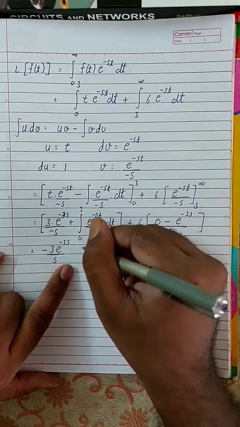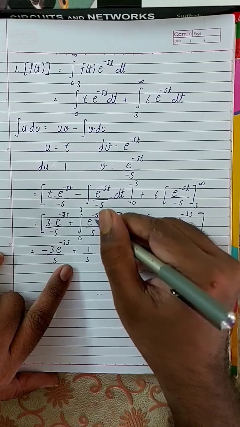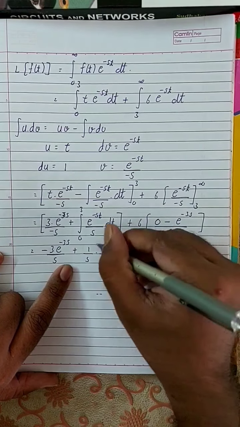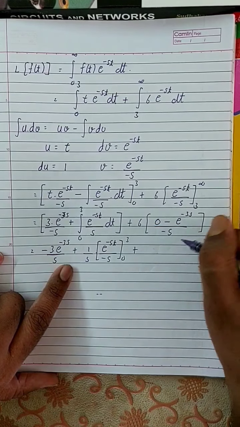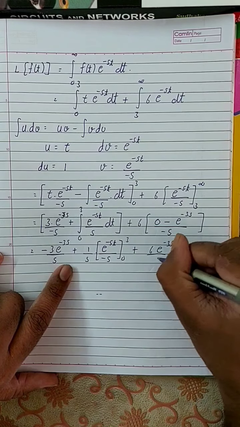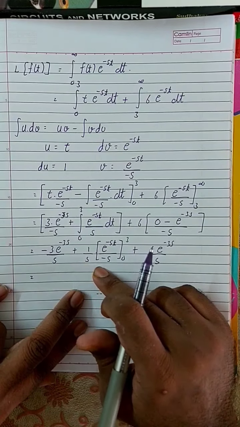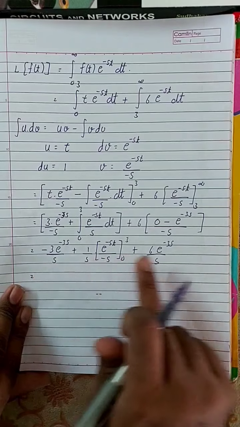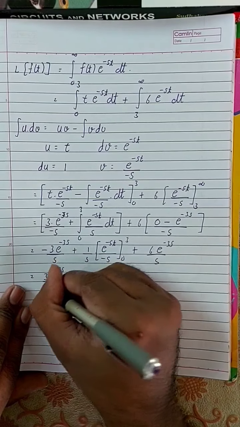Plus, here it will be 1 by s, and this is again e raised to minus st by minus s from 0 to 3, plus, and minus or minus becomes plus, this is 6 e raised to minus 3s by s. And this is nothing but 1 by s square, so this and this can be added together, and you will get plus 3 e raised to minus 3s by s.